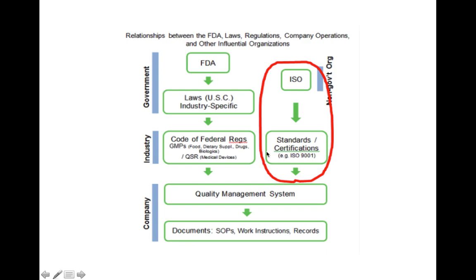FDA might be stricter in other points, but they have their own set of standards and they're independent from each other. And if you really want to do a great job and have a good quality system and really sell your product anywhere in the world, you're going to have both. Especially in the US, you're going to have your FDA regulations met, you're going to have your ISO certification, then you can sell basically anywhere in the world and everyone will know the product you're producing is of good quality.